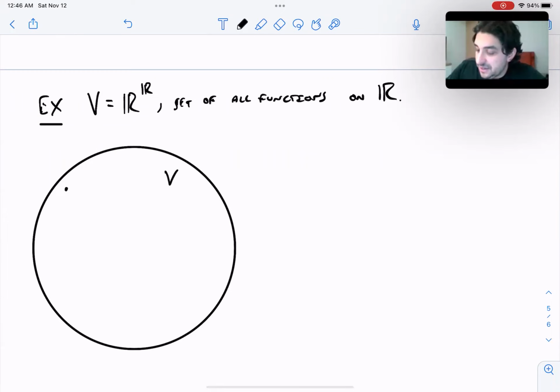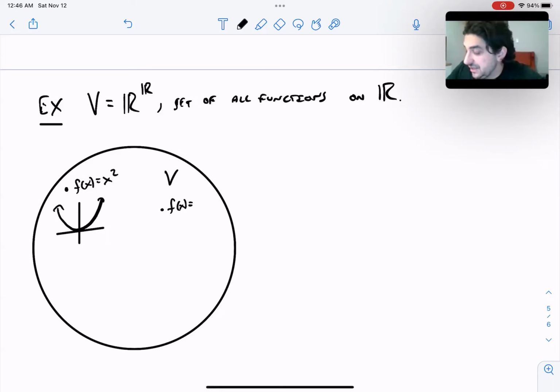One element here is, say, f of x equals x squared, a function whose domain is the whole real number line. And here's another one, f of x equals arctan x. There's another perfectly good function defined on the whole real number line.